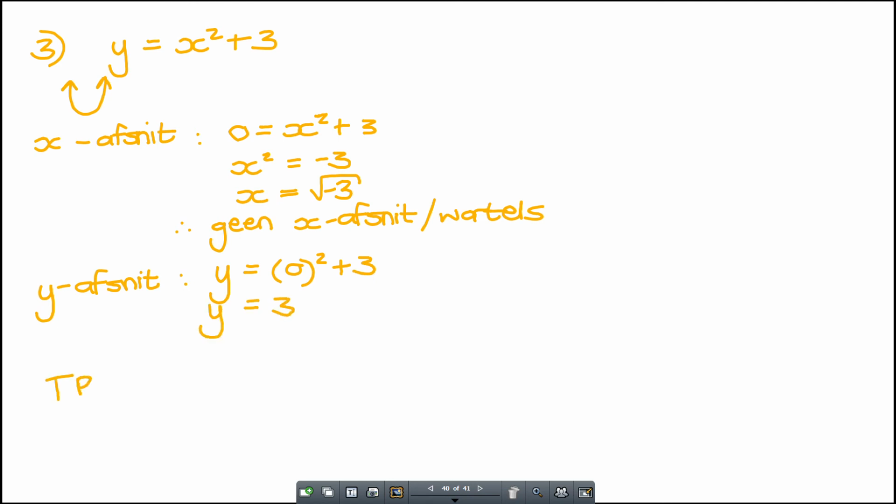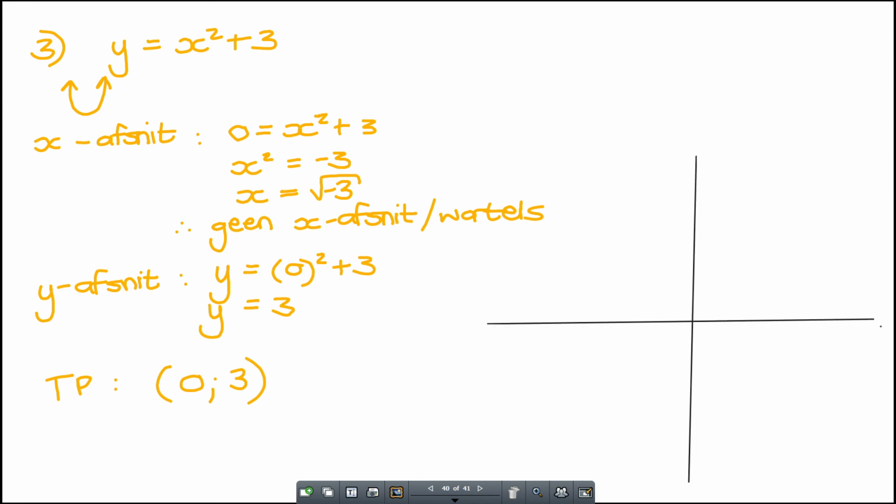Okay, turning point for grade 10 is always 0, and then that value of q, which is 3. Any questions? Okay, good, now we must quickly draw. So because it has no roots, it hangs up here. Smiley face, and it goes through at y is 3.